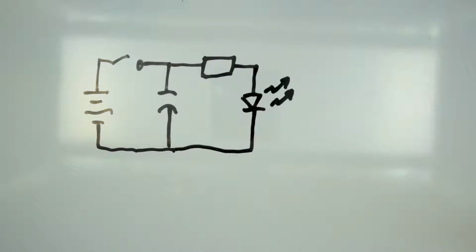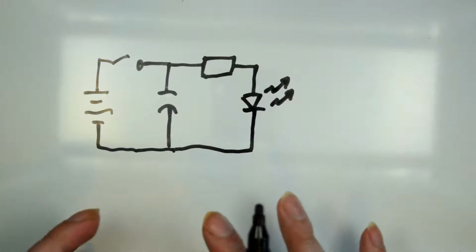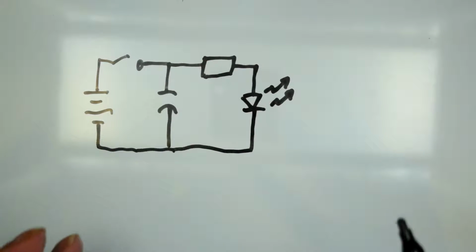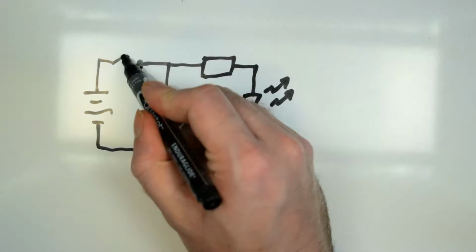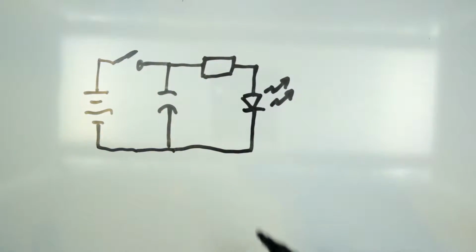Alright, so I'm not going to apply any sort of values to these items. I just want to help visualize what the difference between conventional and electron current flow are.